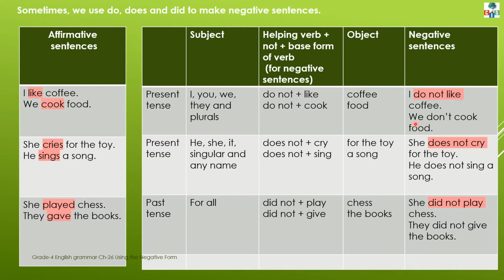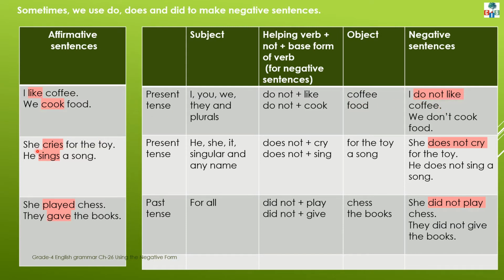So, with the subjects I, you, we, they and plurals, we will use the helping verb do. Plurals means, for example, birds. The birds fly in the sky. If I want to change it into negative, it would be like this. The birds do not fly in the sky. So, with these subjects, you will use the helping verb do.